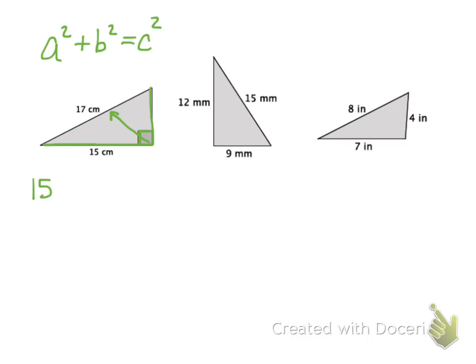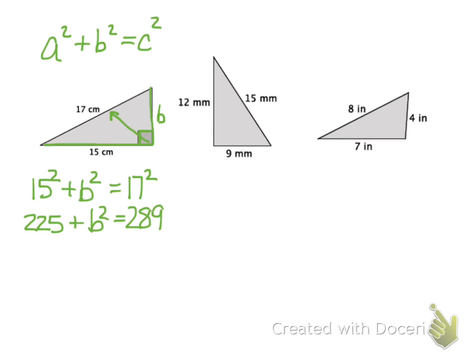So we would have 15 squared plus, we'll call it b, let's let this missing side be b, plus b squared is equal to 17 squared. So 15 squared is 225, and 17 squared is 289. Okay, so then now we want to solve for b squared.